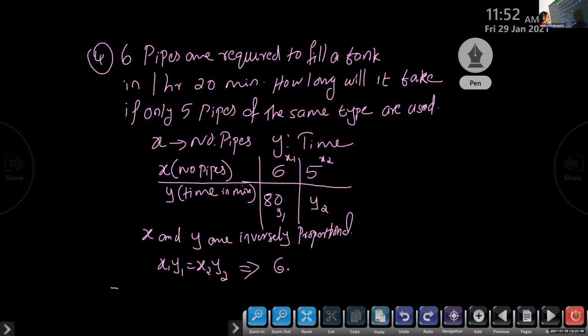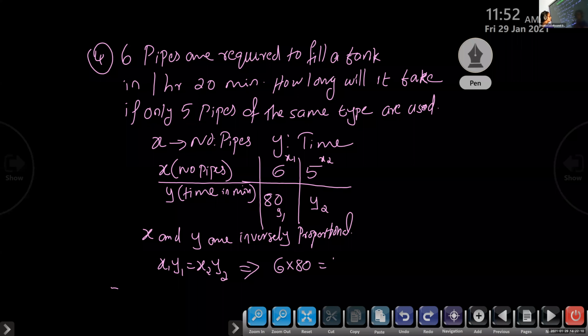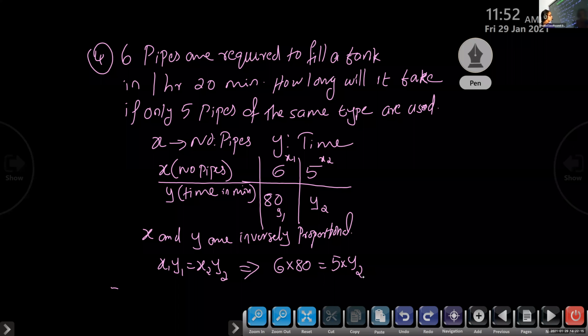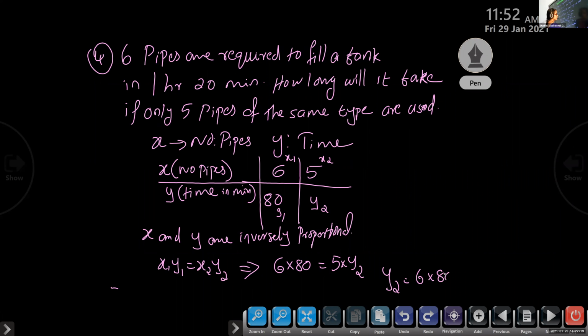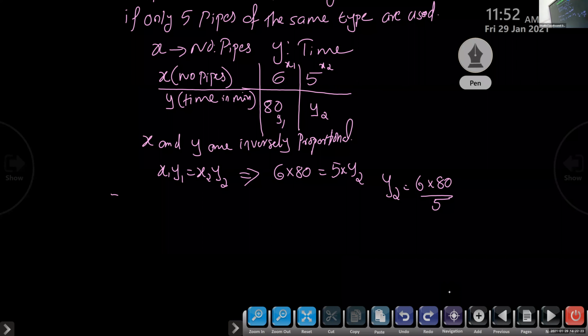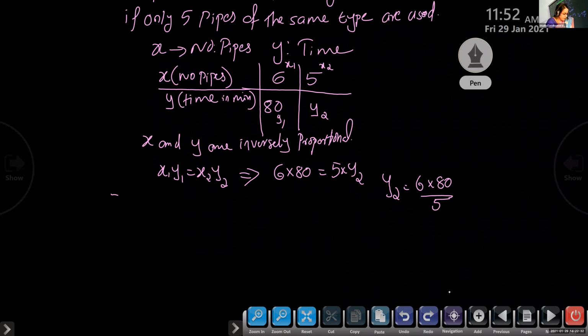Substituting, 6 into 80 equals 5 into y2. So y2 equals 6 into 80 divided by 5, which is 96. y2 equals 96.